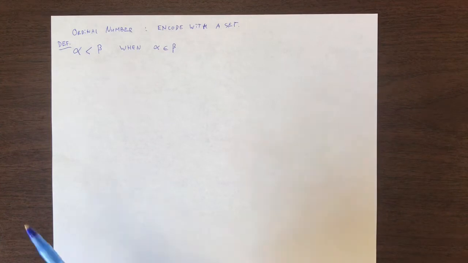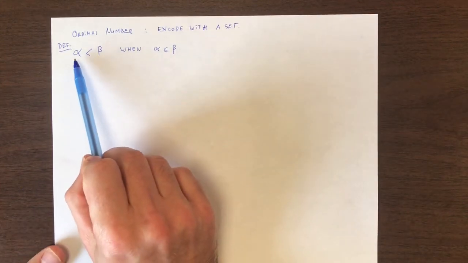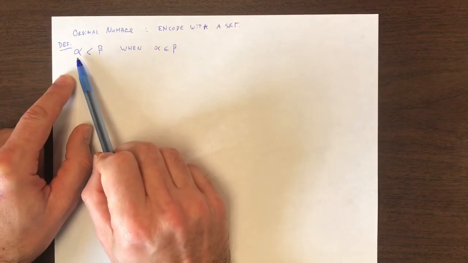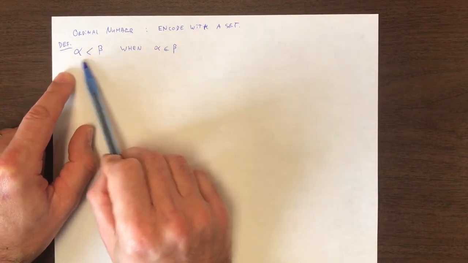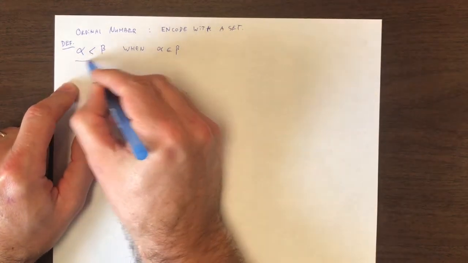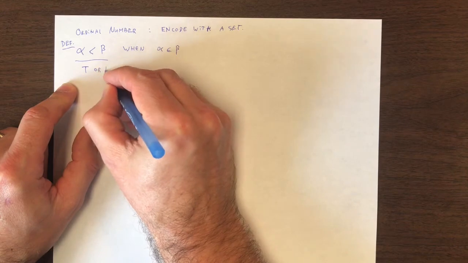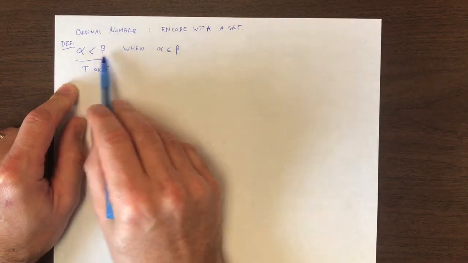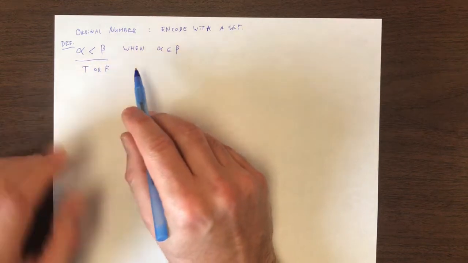So if alpha and beta are ordinal numbers and I write this, then this is a statement which is either true or false. We define this statement to be true if alpha is an element of beta.